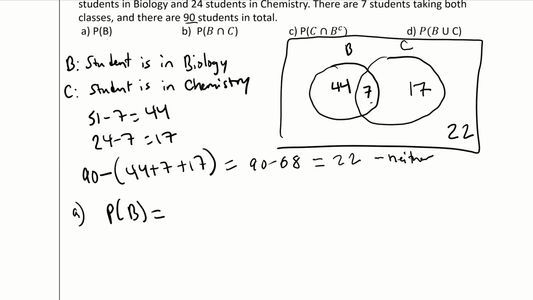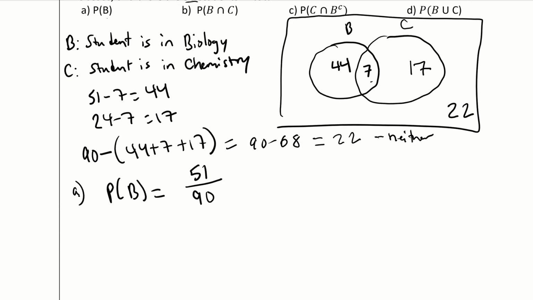So it's going to be 51 students in biology over the sample space, which is everyone. So that's the 22 people here and all these people. So it's 90 students, and that's our probability.